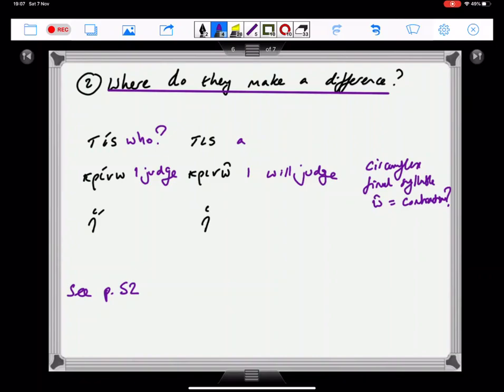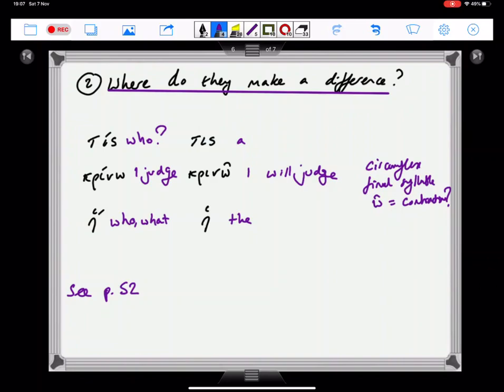Hair, as you've already seen, without the accent means the, and with the accent means who or what. So you've got pronouns, you've got verbs, you've got all different kinds of words that can carry an accent, and the accent will change the meaning of something. Learn the words on page 52.